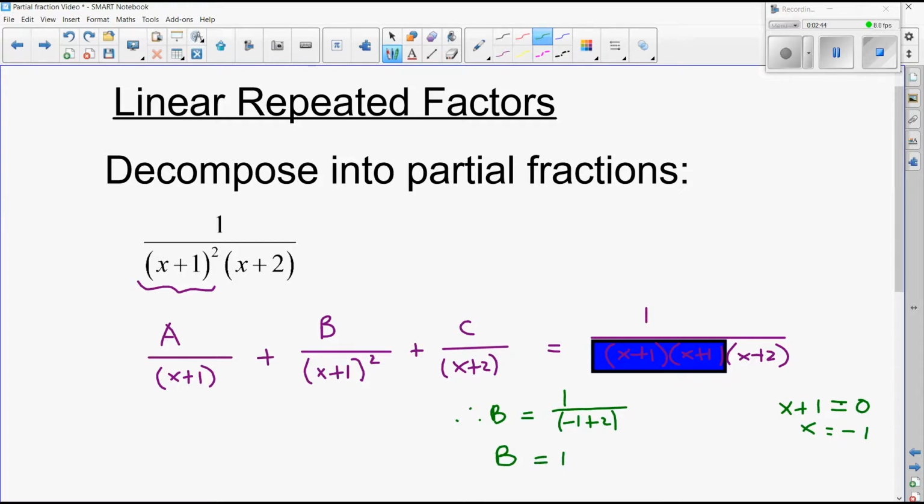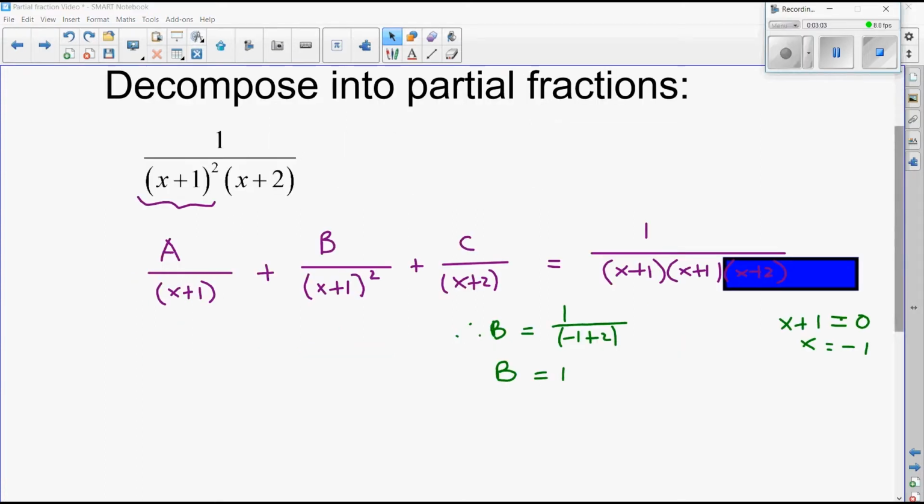I can use the cover-up method to find the value of c as well, because c has a linear factor, and I'm going to do so now. So I'm going to cover up the denominator factor x plus 2. With your finger, you hide x plus 2. And once again, I know that if x plus 2 is my factor, then x equals negative 2.